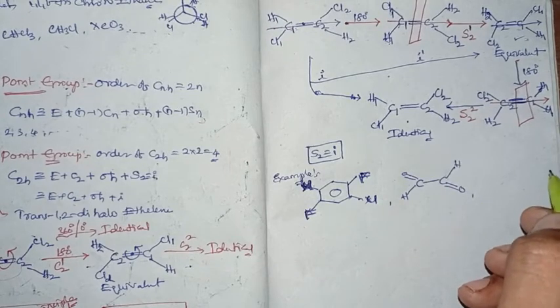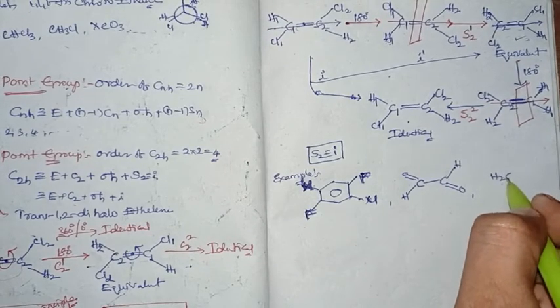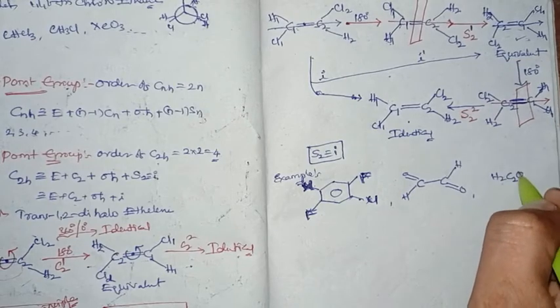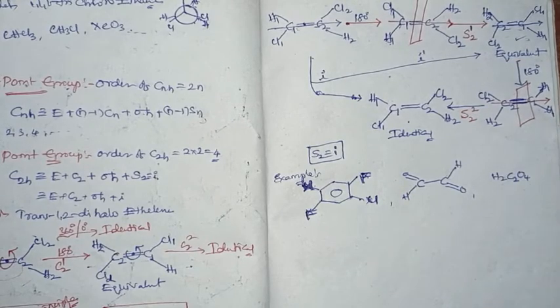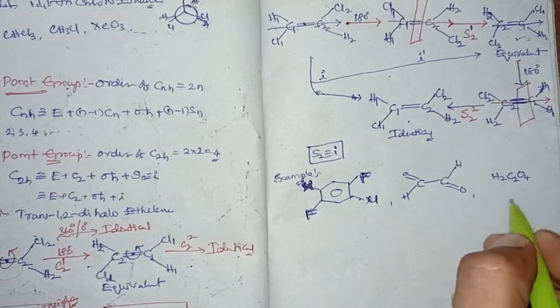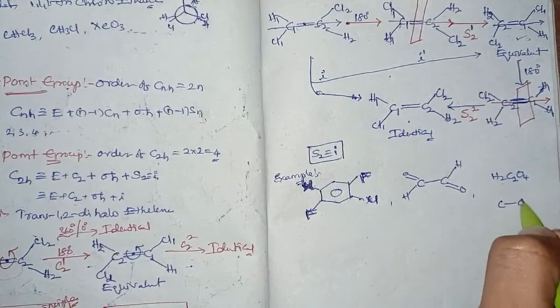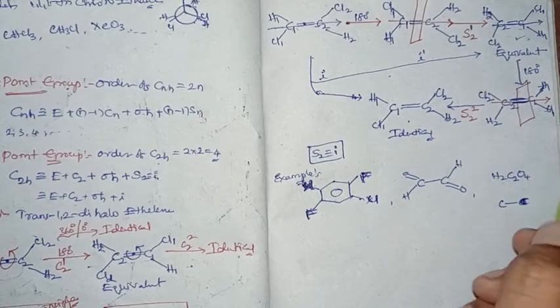And oxalic acid, C2H2O4, H2C2O4, right? Geometry will be, sorry, carbon it is, geometry will be like this.